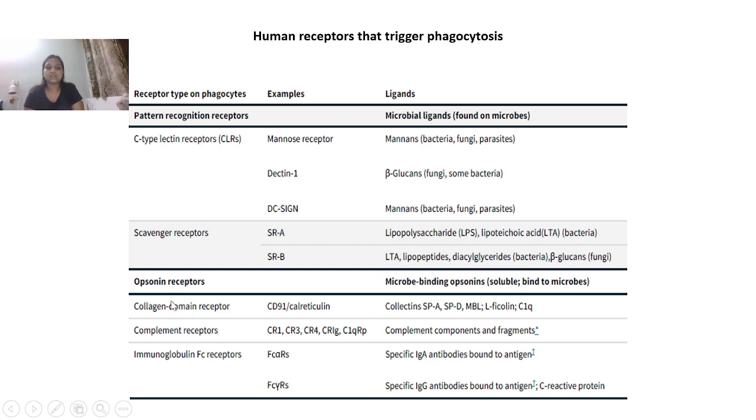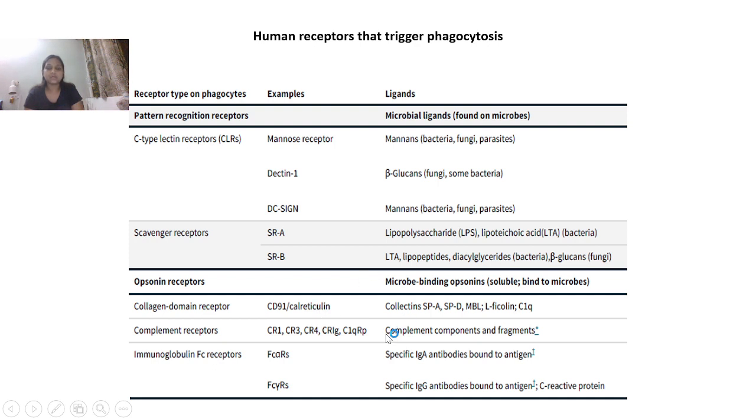There are also opsonin receptors like the collagen domain receptor, complement receptor, and immunoglobulin Fc receptors. The collagen domain receptor is calreticulin, which binds collectins such as SBA. These are the different types of ligands which will activate this receptor.